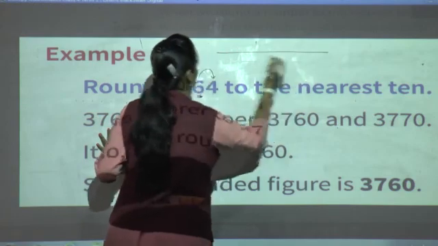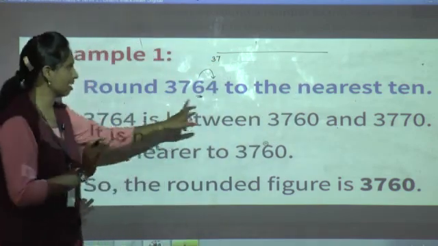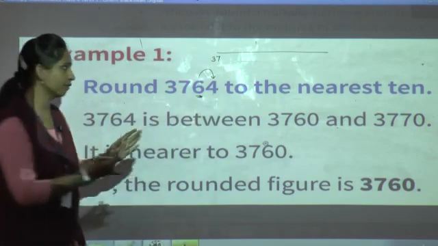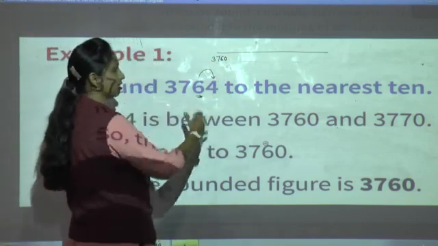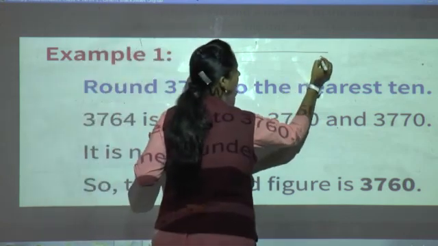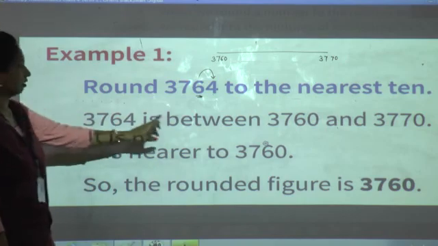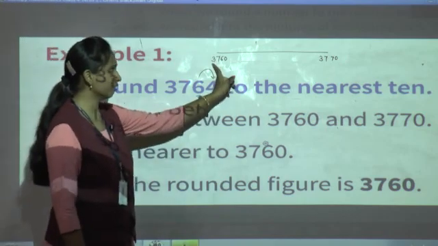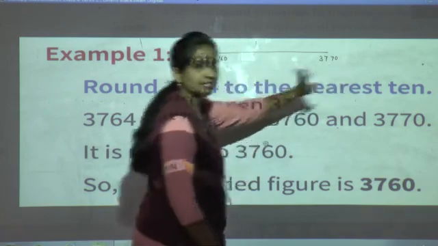So I will write these digits as it is. Before 64, the rounding number will be 60, and after 64 the rounding number will be 70. So this number lies between 3760 and 3770.